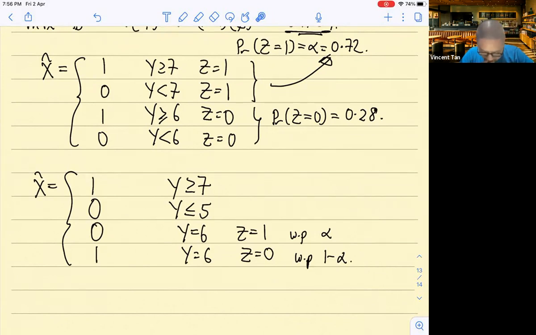Did I make a mistake here? So if y is equal to 6, I will declare, sorry, this is 1, 0 with probability, and this is flipped here: 0, 1, with probability 1 minus alpha and alpha. Yeah, so this line corresponds to this here.